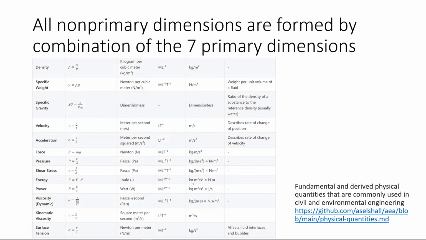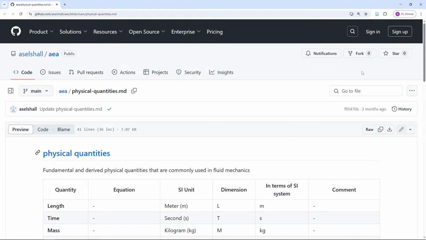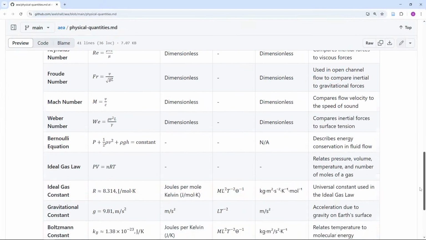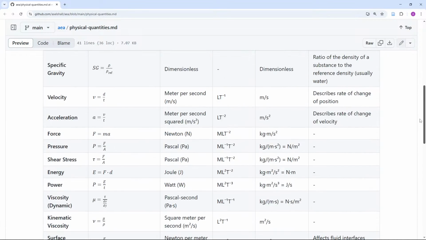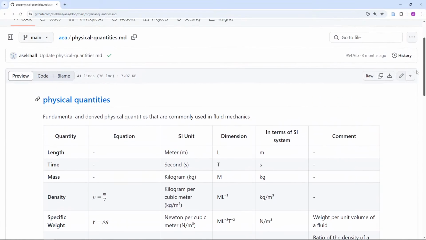I prepared something from this. Non-primary dimensions are formed by combinations of these seven primary dimensions, and I provided a table. If you go here, you can print this, for example, with you as a PDF or whatever.